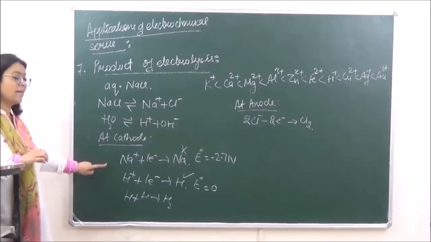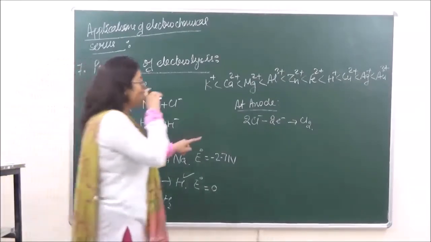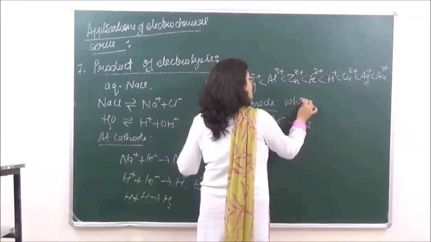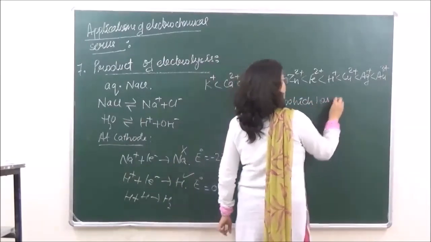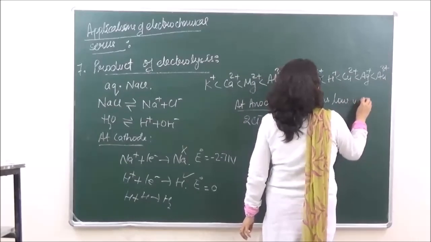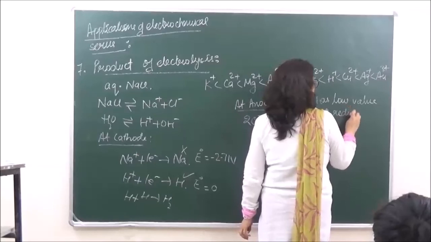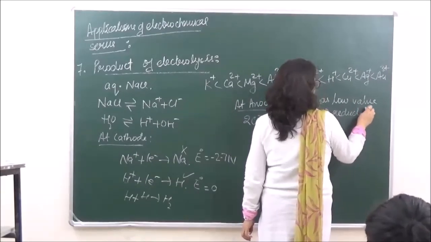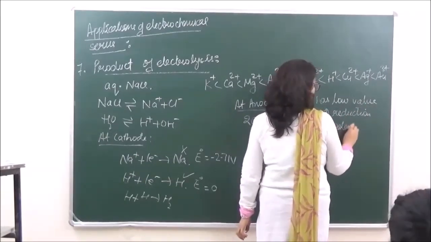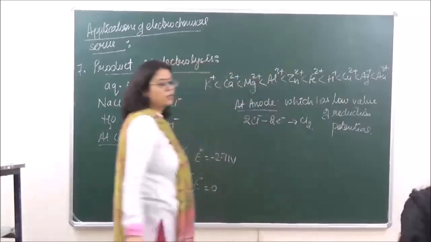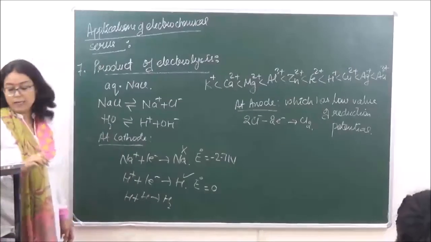Over here at the cathode we say which has high value of reduction potential, while at the anode, that will be liberated which has low value of reduction potential.